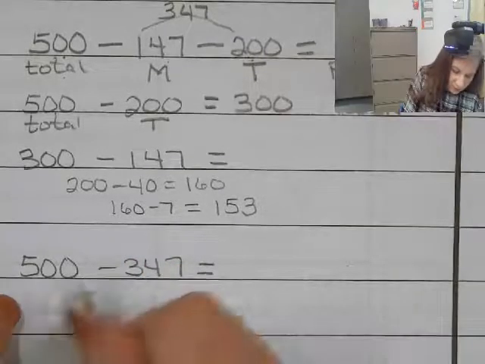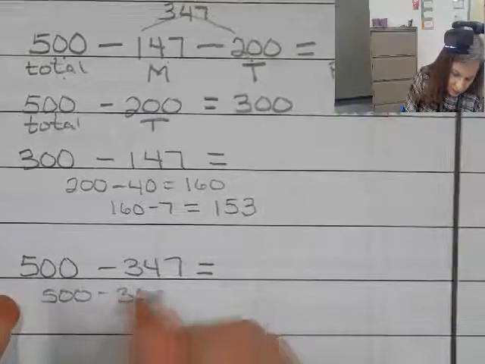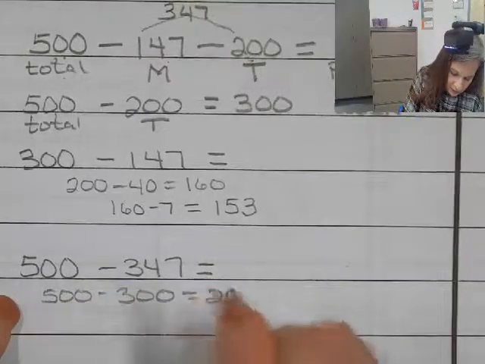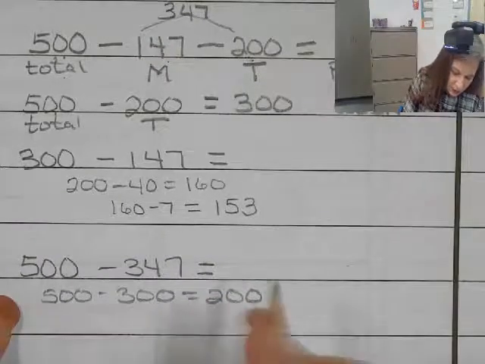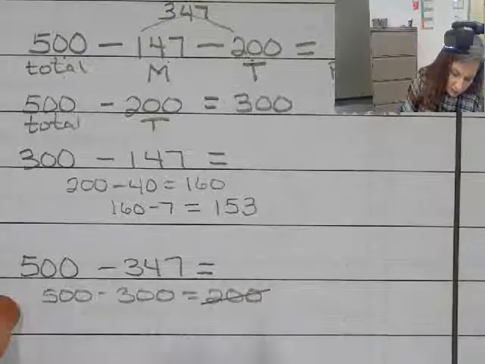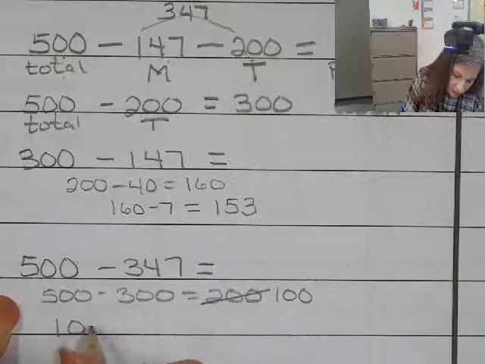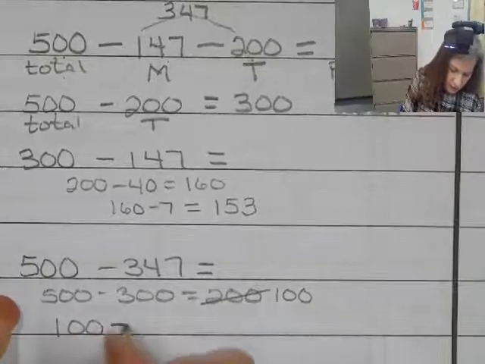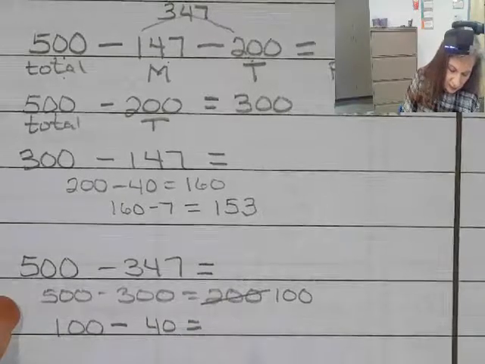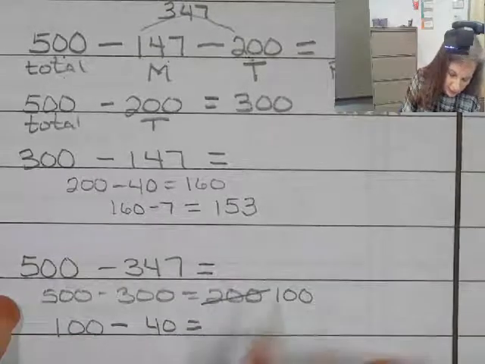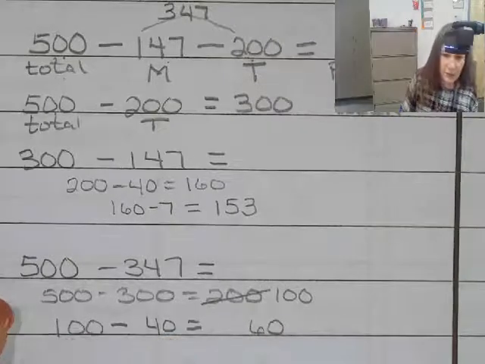So 500 minus 300 is 200. Now I don't have any 10s or any 1s to subtract. So what does that tell me? I'm regrouping and I'm borrowing 100 to subtract these 40. And if I subtract 100 minus 40, we should know our hundreds. 60 plus 40 is 100.